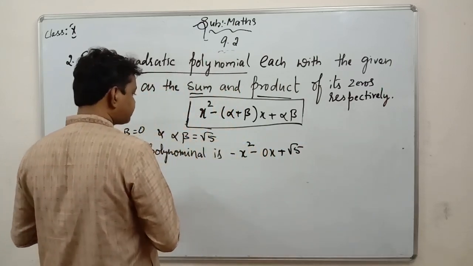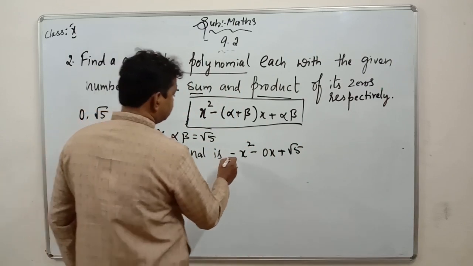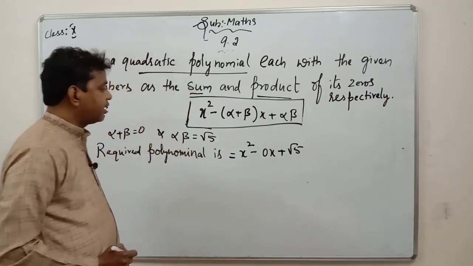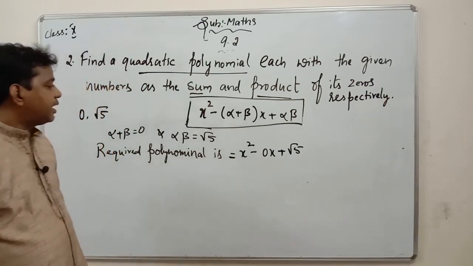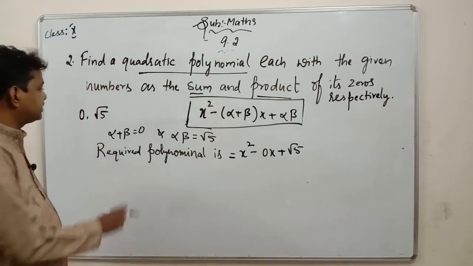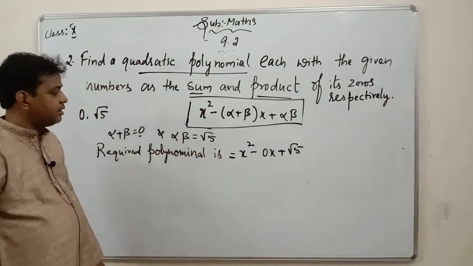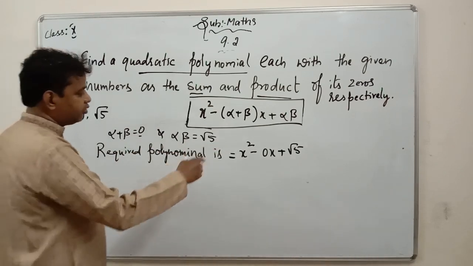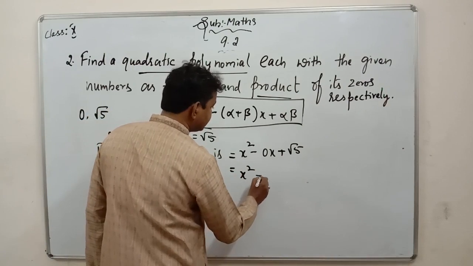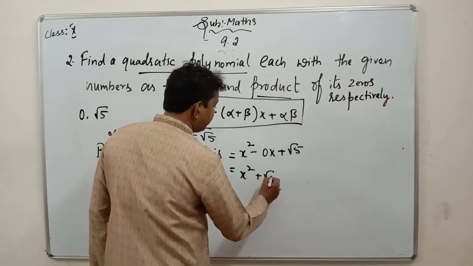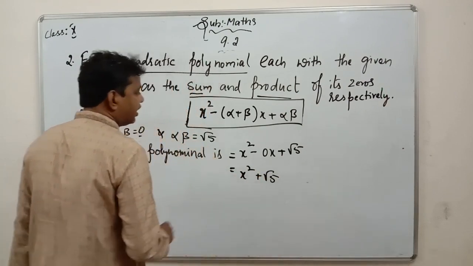So what I mentioned, x square, because x square is here, we got x square here, and alpha plus beta we have 0 because we mentioned 0 here, that's why I wrote 0 here, plus root 5, we are writing the root 5. This equals to x square plus root 5. Okay, plus root 5. Why am I writing plus root 5?